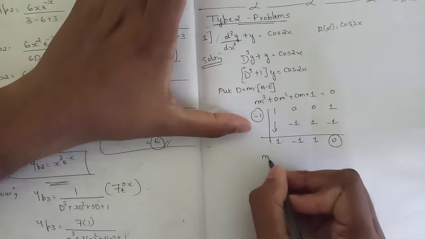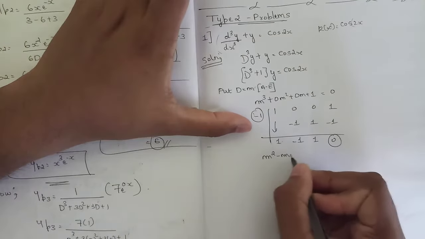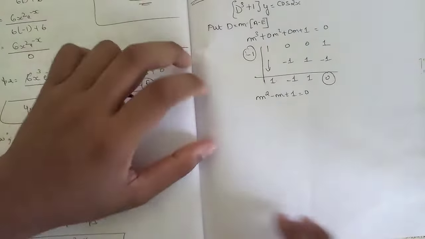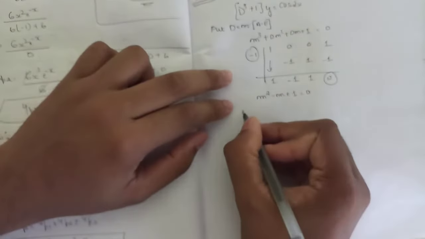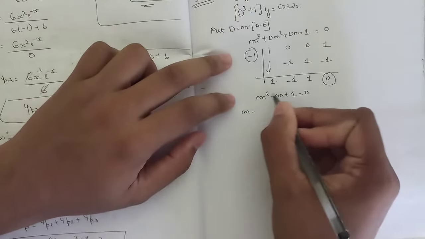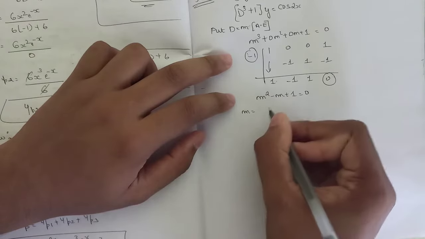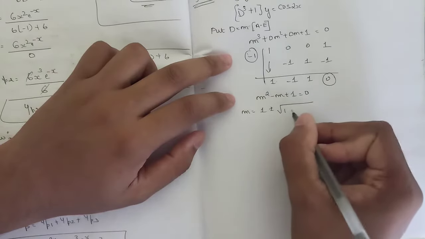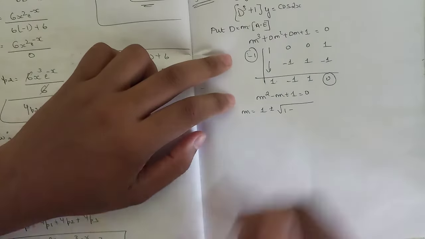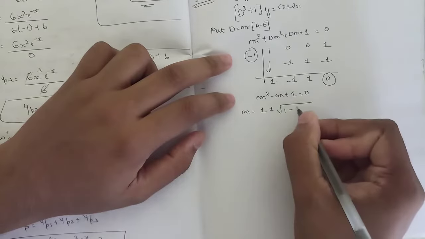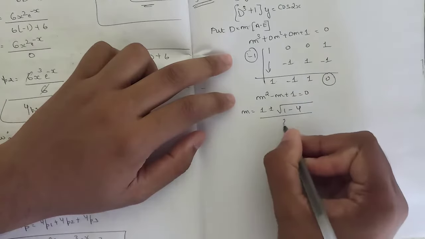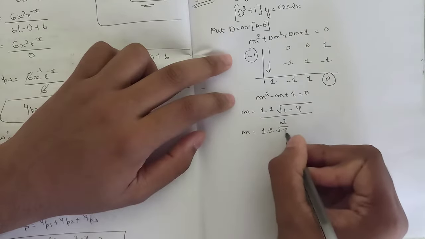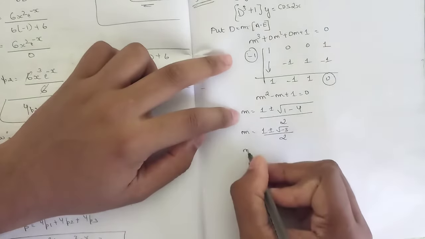So by this we can write it as m square minus m plus 1 is equal to 0. Now for this we need to use the quadratic formula. The value of b here is minus 1, so minus of minus 1 is plus 1, minus 1 whole square is 1, minus 4 into 1 into 1, that is 4, divided by 2. So 1 plus or minus square root of minus 3 by 2.